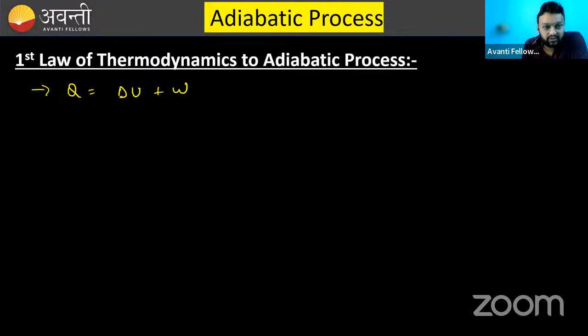That heat transfer is zero. That means Q is going to be zero because of the adiabatic process. So you can say that delta U is equal to negative of W. Let it be equation number one.